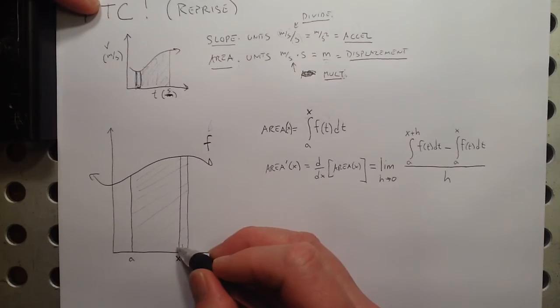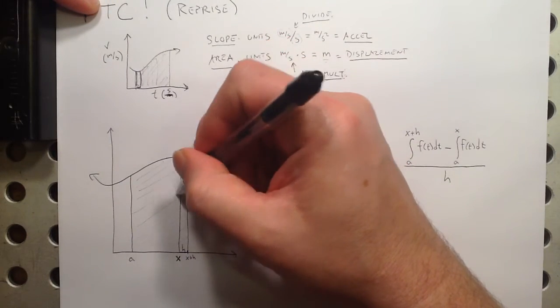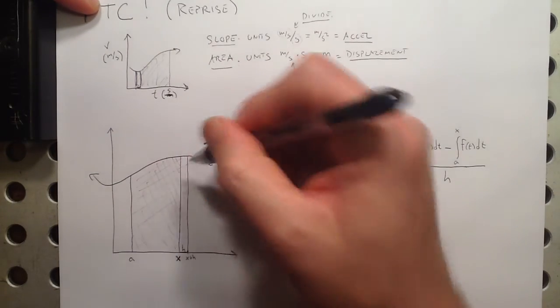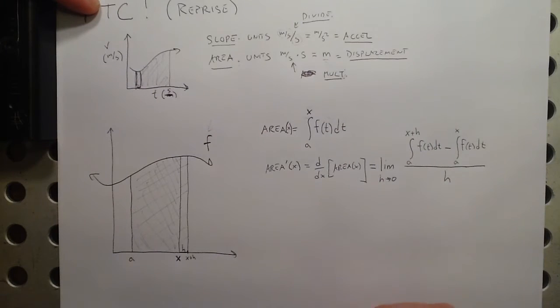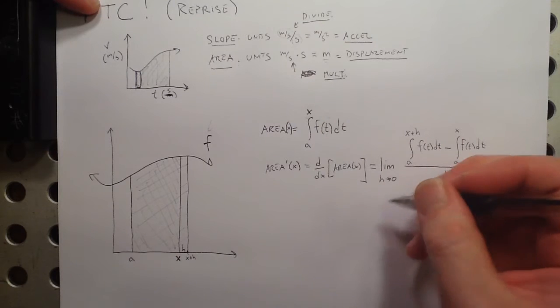That would be this area that only goes up to here, right? So if I take the area from a to x plus h and subtract the area from a to x, then I would just have the area of this little strip, right?